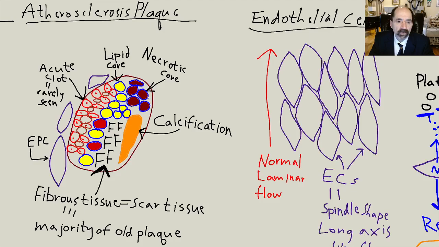Where there's a whole bunch of them in one area, we'll call that a lipid core, okay? Over here, necrotic debris from the red blood cells and the inflammatory process, that's the necrotic core. Necrotic means dead material. All right, and then down here is an F for fibrosis. The orange stuff, orange is a good medical color for calcification. That is calcification.